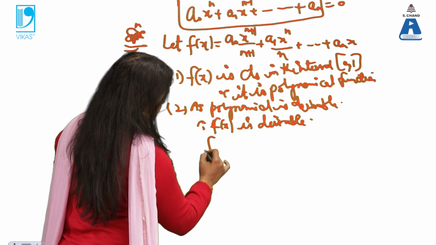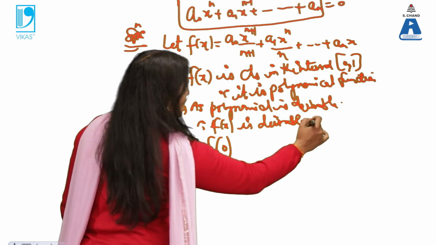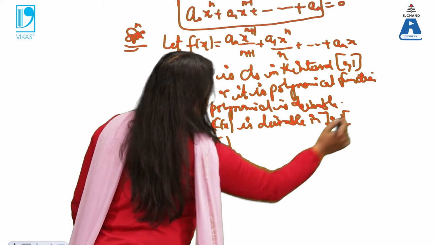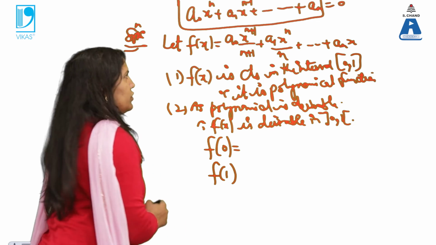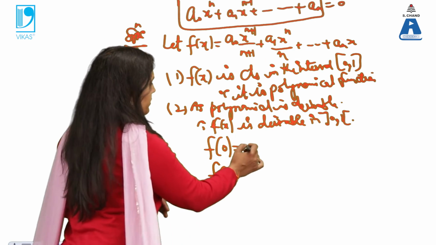Now the last one: f is derivable in the open interval (0, 1). What is f(0)? Because everywhere we have x, when we substitute x = 0, it will be 0.